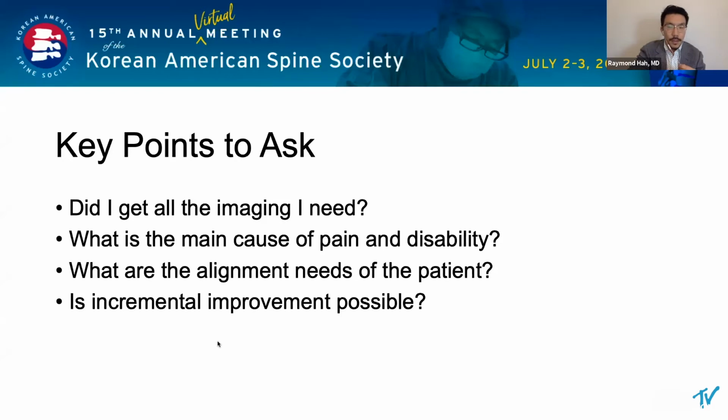Thankfully, with the attention paid to it over the last 10 to 15 years, a lot of us hear this on the podium over and over again: sagittal balance. As a community, we've done a much better job with it, maybe too good of a job, and created some PJK along the way. And so the last question I asked myself is: is incremental improvement possible while addressing the other three?